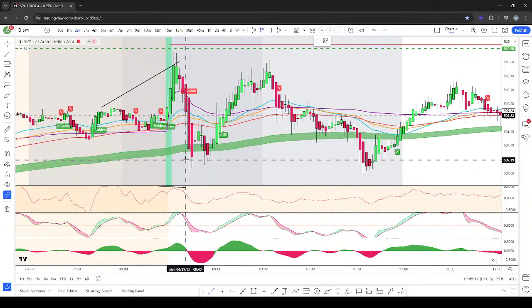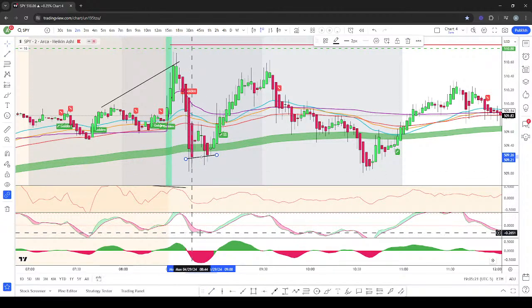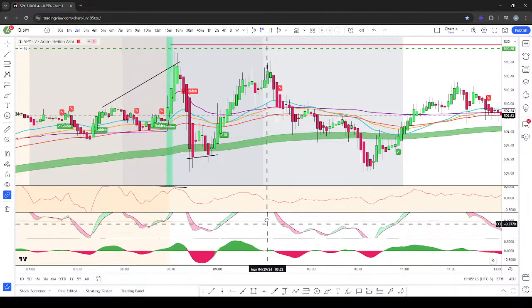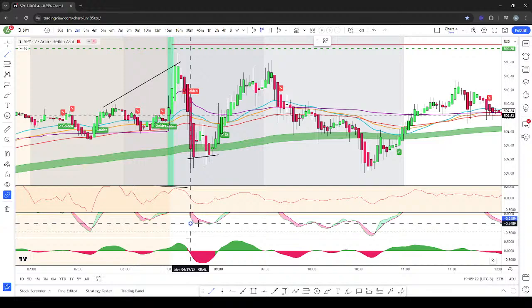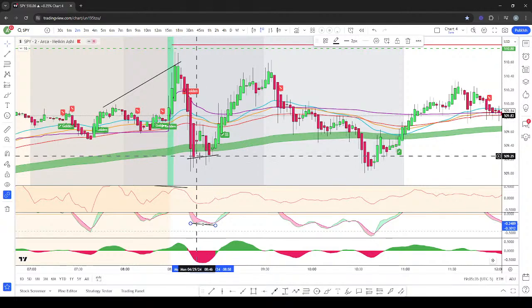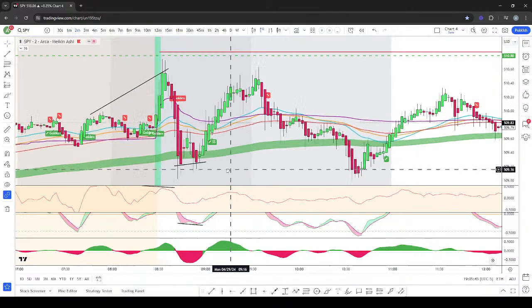This could be a hidden bullish divergence, and that's exactly what this is turning out to be, because if you look at the oscillator on this end, this side is dipping down a little bit more. So it's fair to say this is a hidden bullish divergence, and you can wait for your signal. And this is actually a nice slingshot signal.